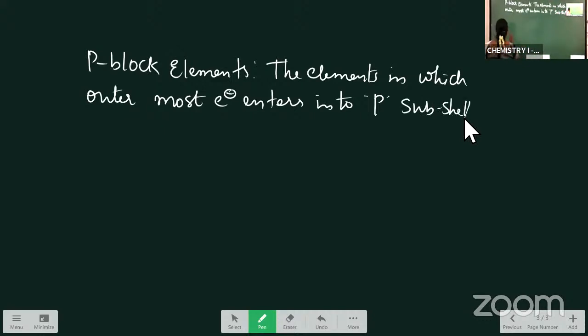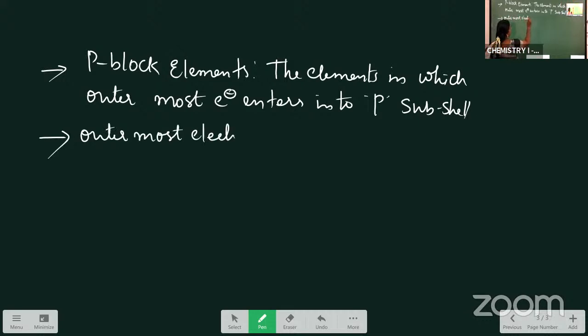Now, the next point, after the definition, you have to write its outermost electronic configuration. What is the outermost electronic configuration?